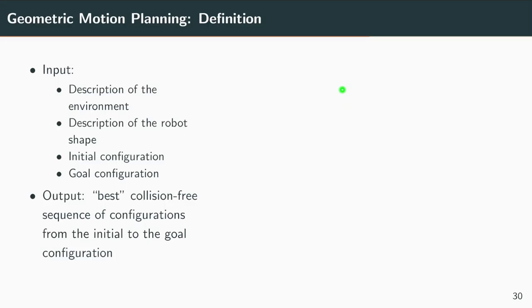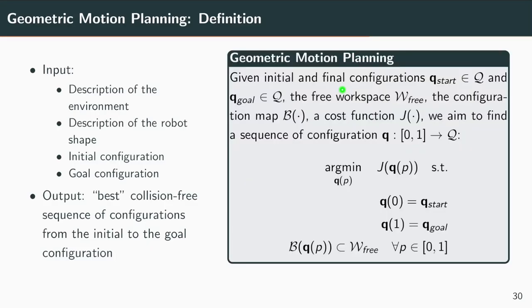And the output should be a sequence that tells us how we can go from the start to the goal without collisions. That's nice, but we have to try to do it more formally, and so we get something that maybe looks a little bit scary at the beginning.